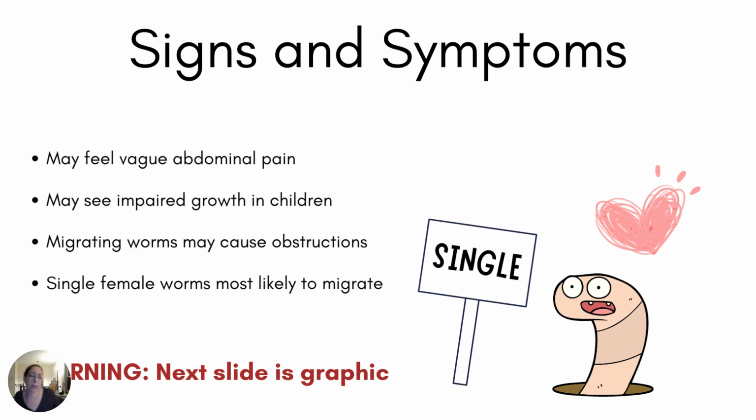Well, the signs and symptoms may actually be none. And this is one of the things that's really interesting about a worm whose primary host is humans, which means that pretty much they evolved along with us to really form that commensal relationship. That's what they're going for. They're not aiming to be a parasite.